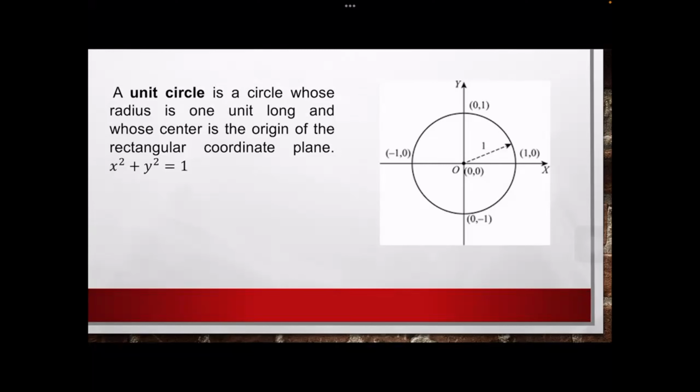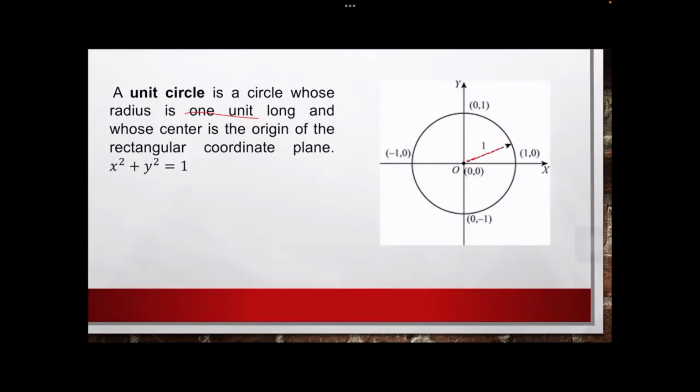And on the origin, you will have (0, 0). It says 1 unit, so this is what we call 1 unit long, and the center is at the origin.